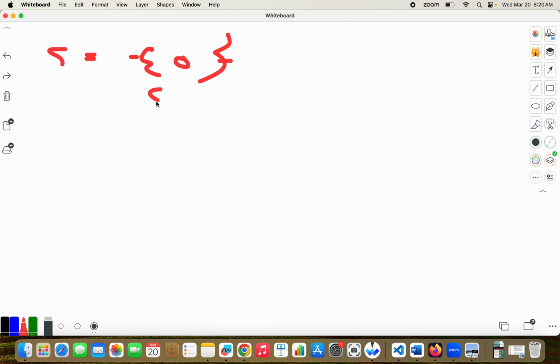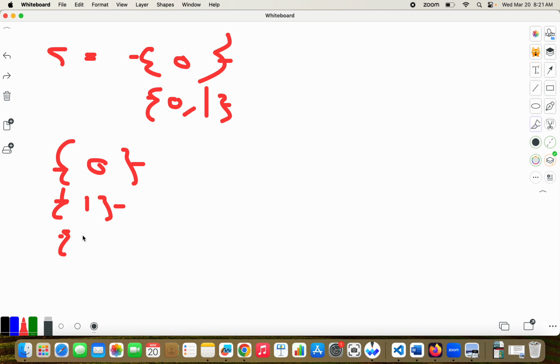LUBP might be hard to describe. E is 0, 1. So we take all the subsets except the empty set, not empty.